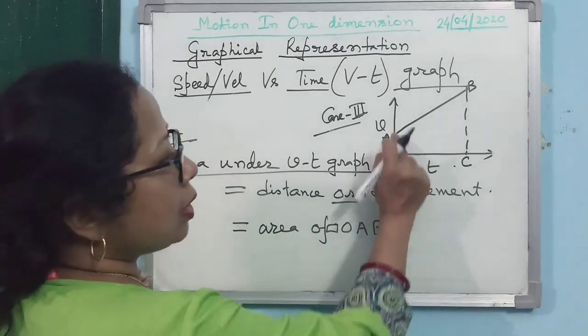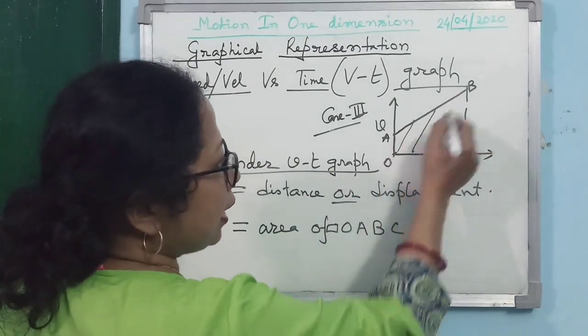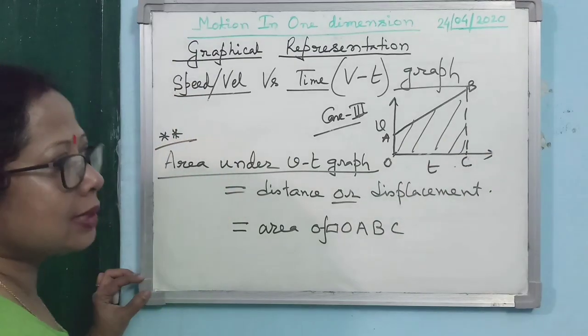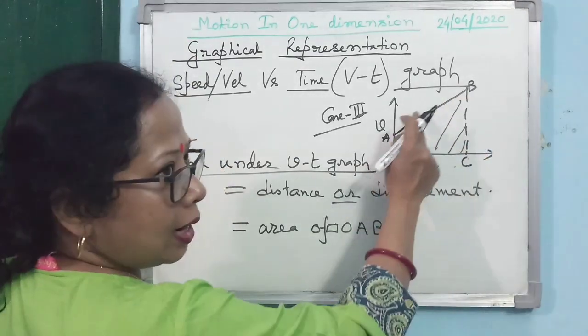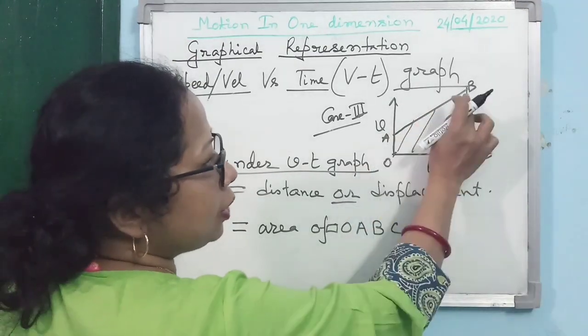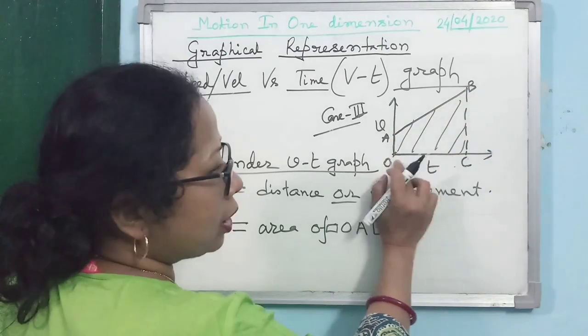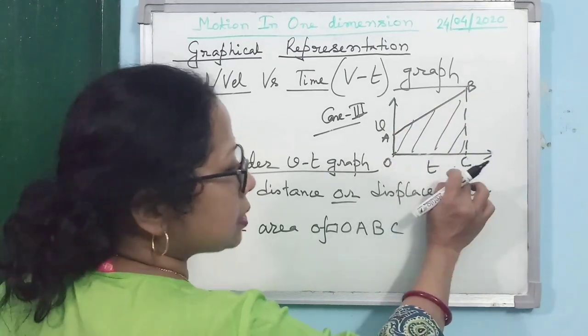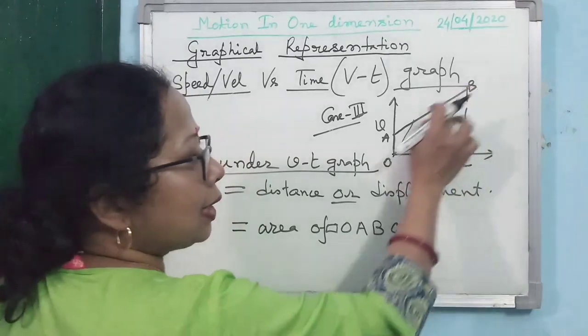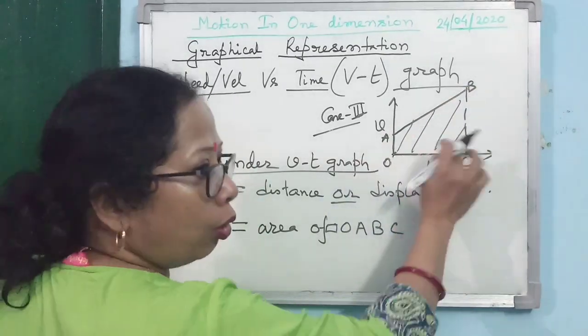Is that clear? You are getting this kind of closed area. How are you getting it closed? By dropping perpendiculars from the two end points on the time axis. So the time axis, the two perpendiculars and the graph itself form a closed area.